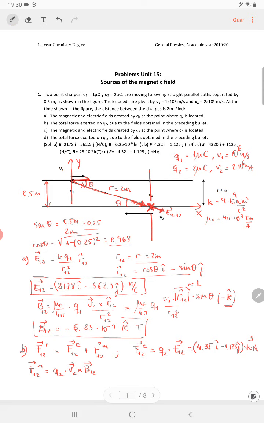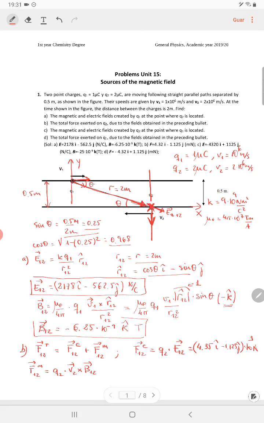So the thumb leaves you pointing towards this direction. Okay, so this is minus j. Okay, and then the rest of the magnitudes, you know them all, because we know Q2, we know V2, and we just calculated the magnetic field.